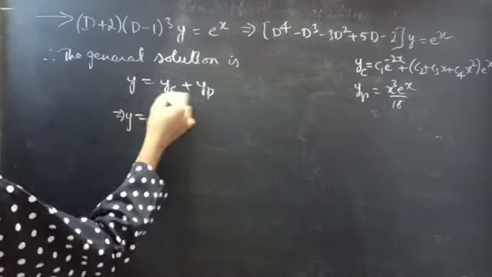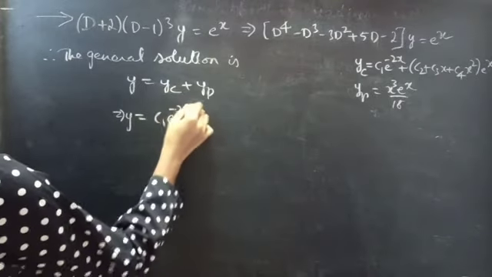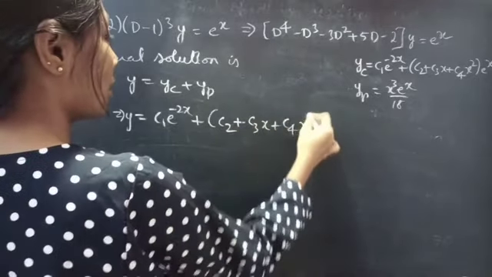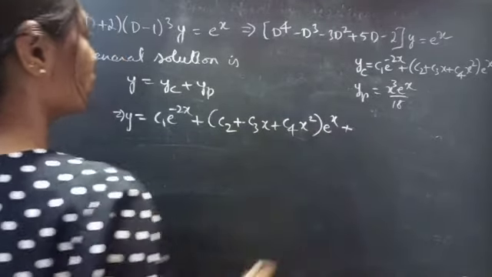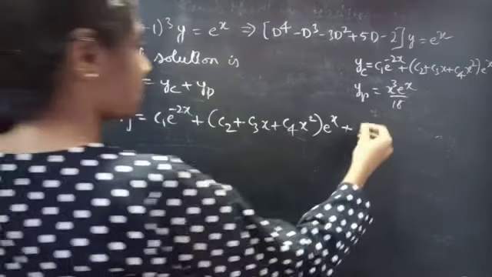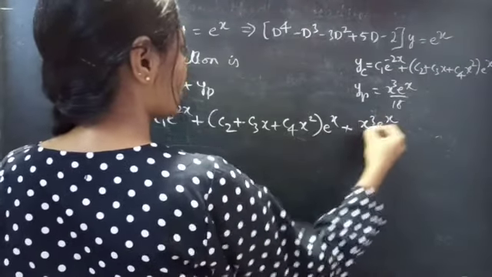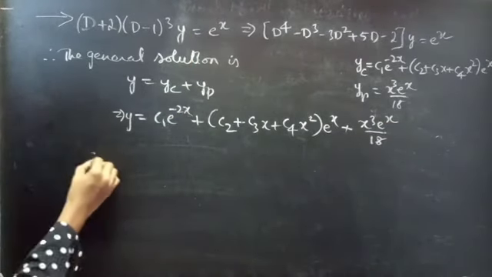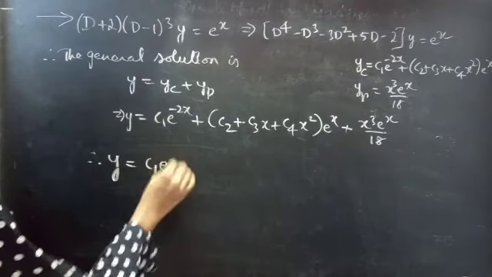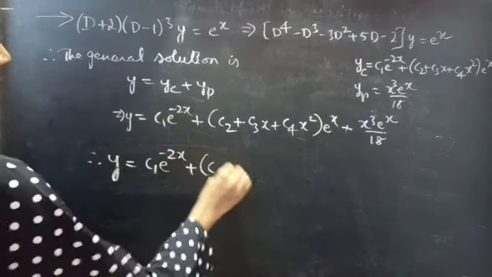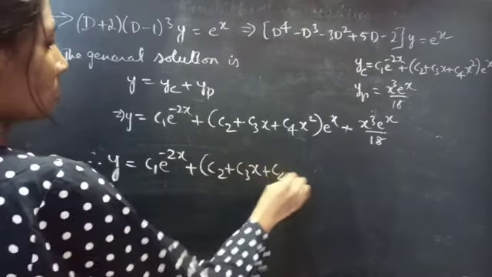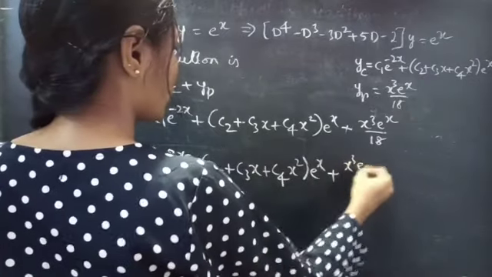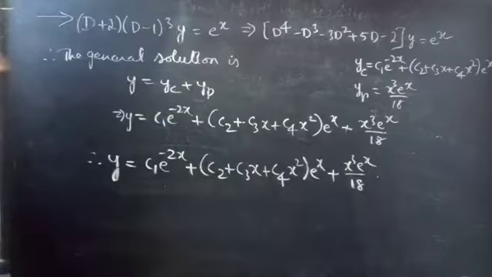Then y equals the complementary function, c1 e power minus 2x plus c2 plus c3x plus c4 x square into e power x, plus the particular integral, which is x cube e power x by 18. Therefore, our required solution is y equals c1 e power minus 2x plus c2 plus c3x plus c4x square into e power x plus x cube e power x by 18.